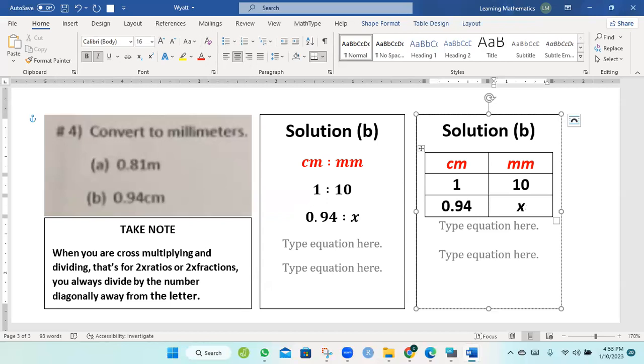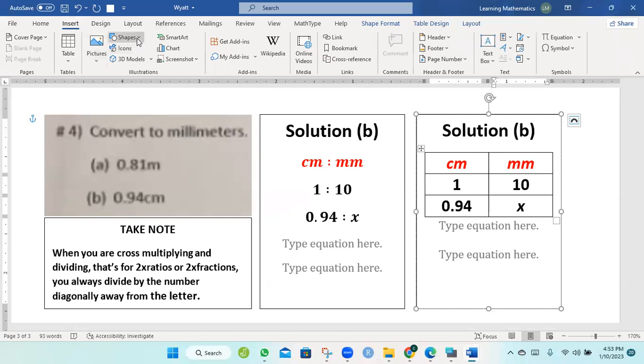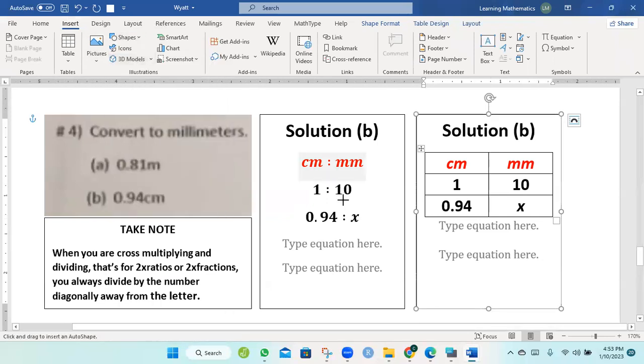We're trying to solve for X. So now we're going to apply what you call cross multiply and divide. Take note, when you are cross multiplying and dividing, that's for 2 ratios and 2 fractions, you always divide by the number diagonally away from the letter, slanting away from the letter. The letter is X, so we have to divide by the number diagonally away from the letter.